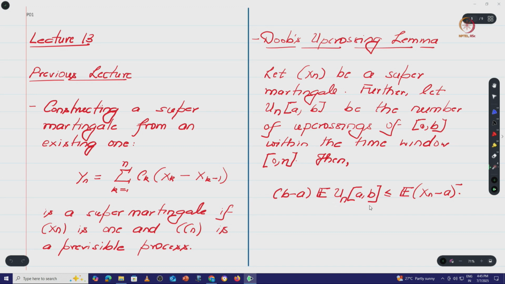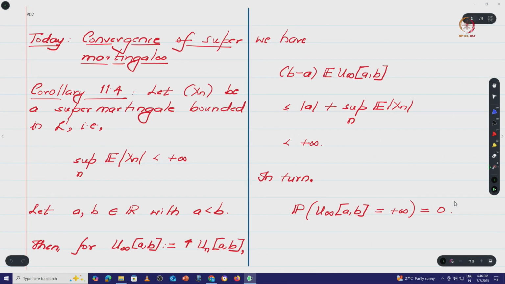So in other words, Doob's upcrossing lemma connects what happened in the time window 0 to n to the value of the process at time n. That is what is nice about this result.